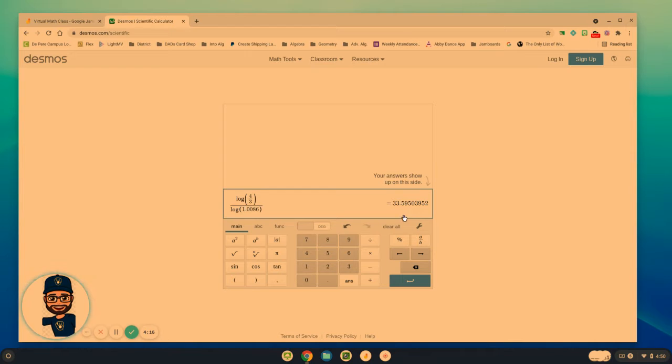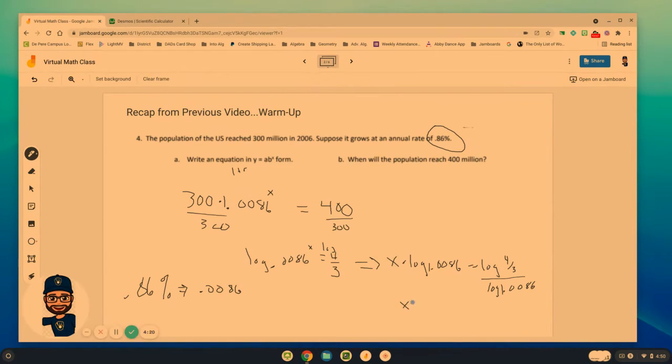And there we go, 33.6. x equals 33.6. That means 33.6 years from the year we started with 300. So if we started with 300 million in 2006, the population won't reach that until 34 years later, or the year 2040.